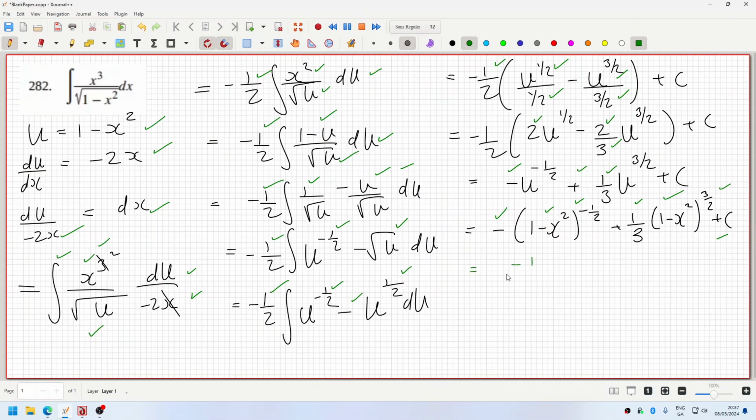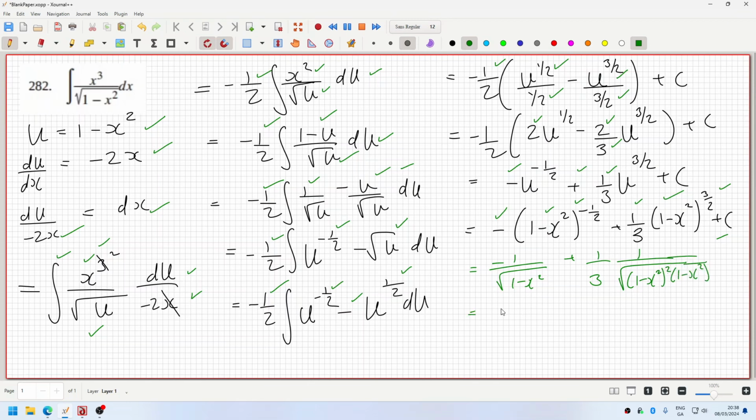I'm going to try and simplify this a bit more. So that would be minus 1 over root 1 minus x squared plus 1 over 3, 1 over root 1 minus x squared cubed, plus c. So 1 minus x squared cubed is 1 minus x squared squared times 1 minus x squared.